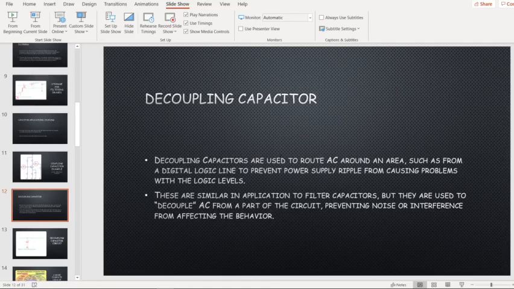So, to give you an example, a digital logic circuit. You'll commonly see things like hundreds of little capacitors in line next to them to help with noise. Because logic circuits are very sensitive to noise. And that can cause some really big problems with things like that.